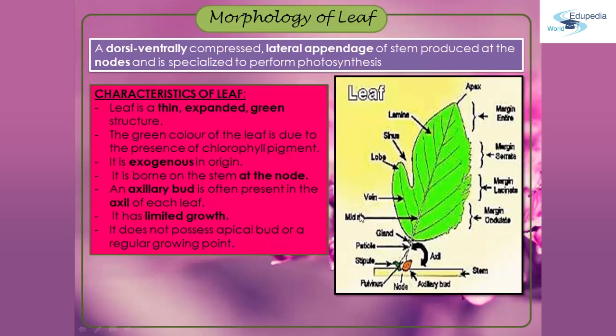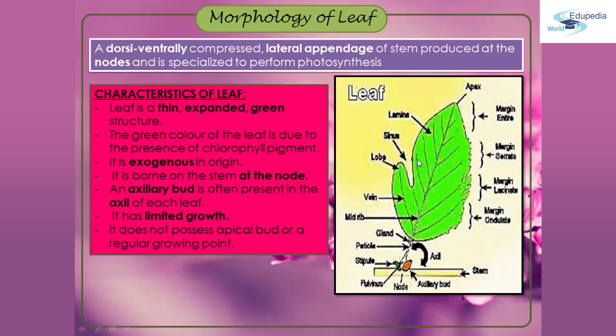As I told you, this is your midrib, and these secondary structures are known as veins, and their tertiary structures are known as veinlets. Students, veins provide rigidity to the leaf blade, and they act as channels of transport for water, minerals and food materials.